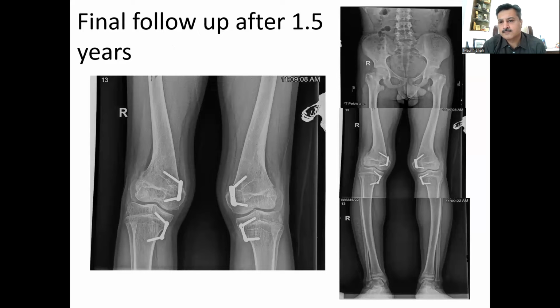The question here is, have you found permanent changes in the epiphysis post application of the 8-plate? Do application of 8 plates deform the epiphysis shape?